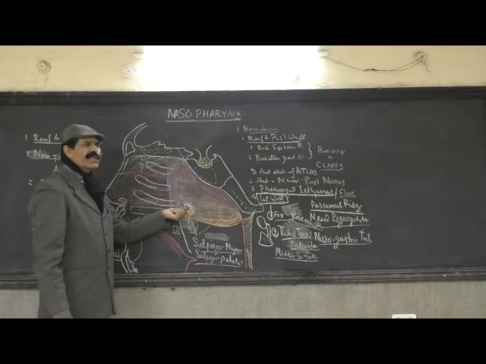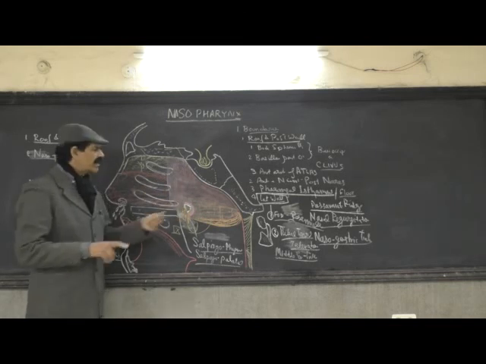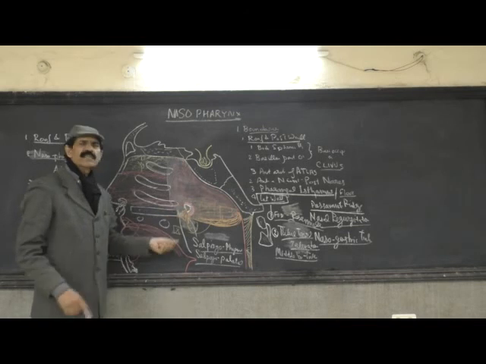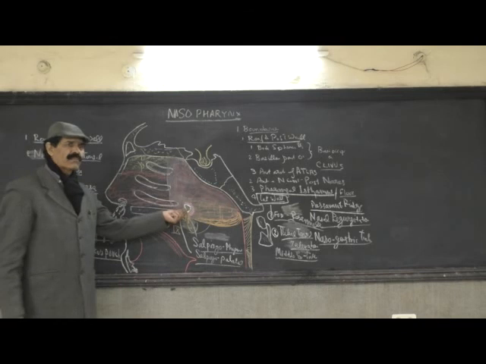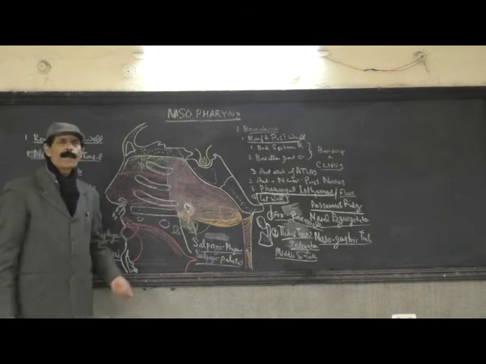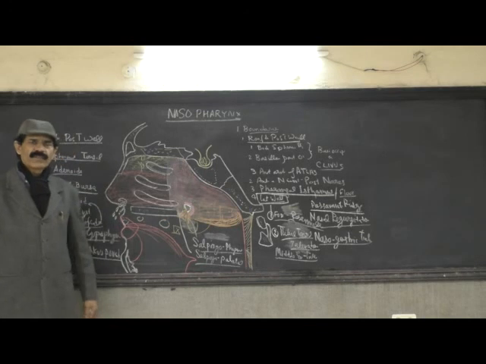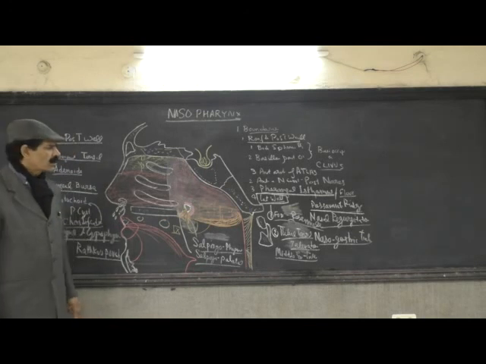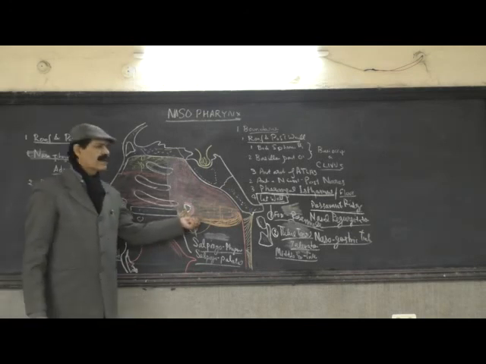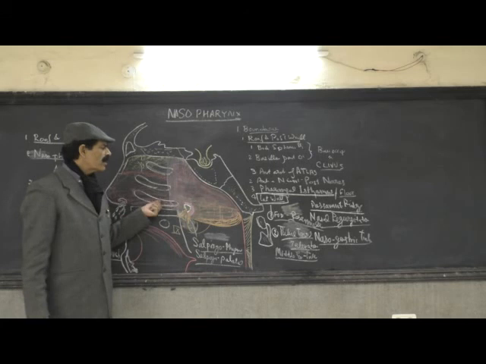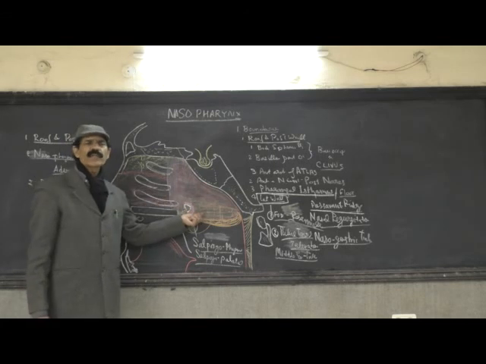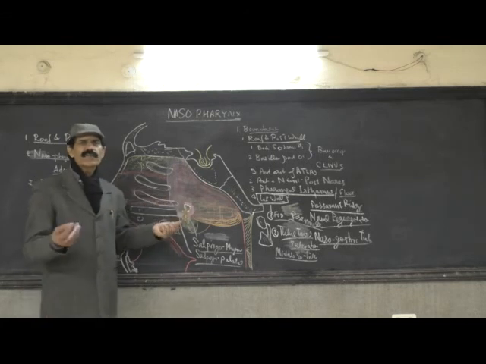Usually this eustachian tube remains closed by the action of the muscles around it, but it may open in the case of infection. So in the case of the common cold, that is rhinitis, the mucous membrane of the nasal cavity as well as the nasopharynx, which is continuous, swells up.